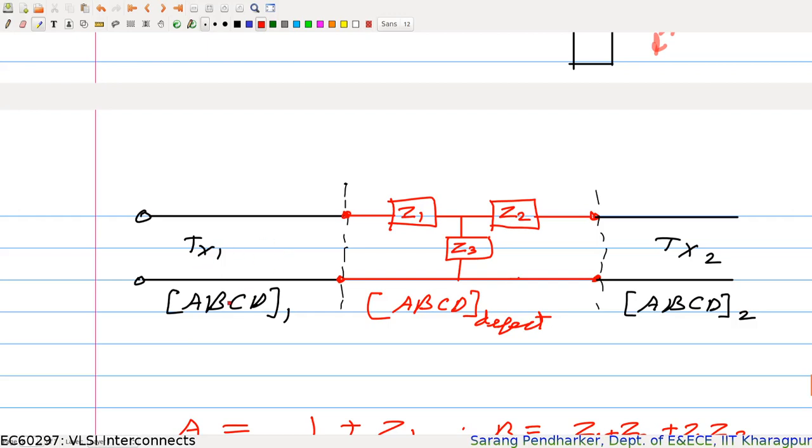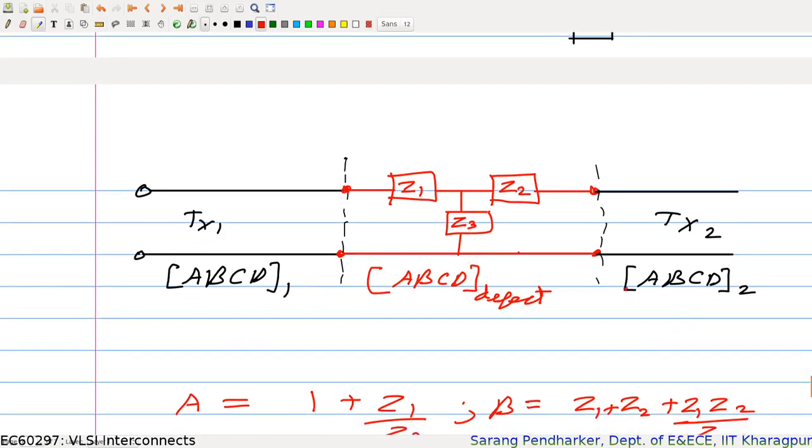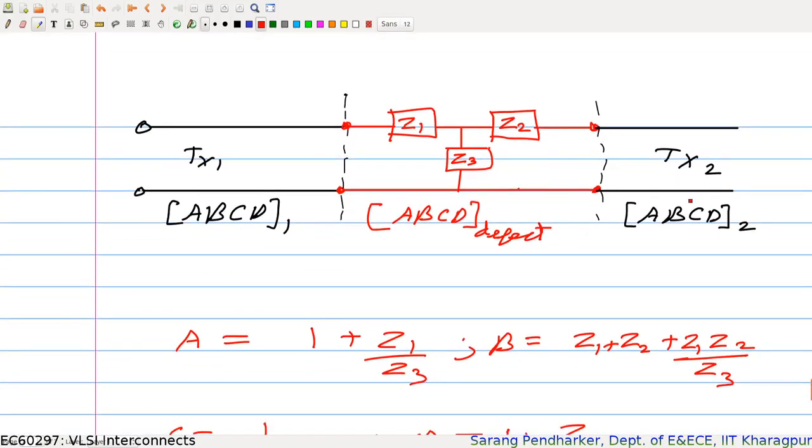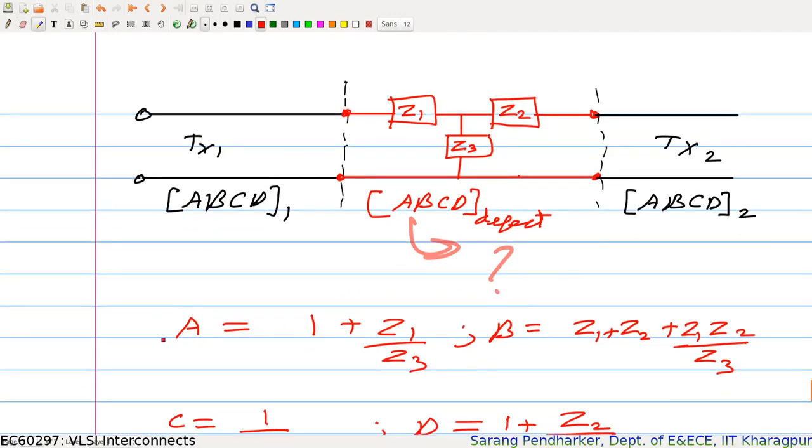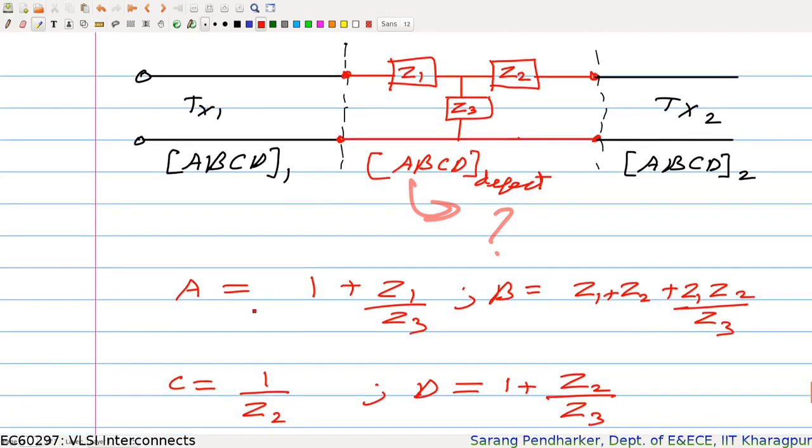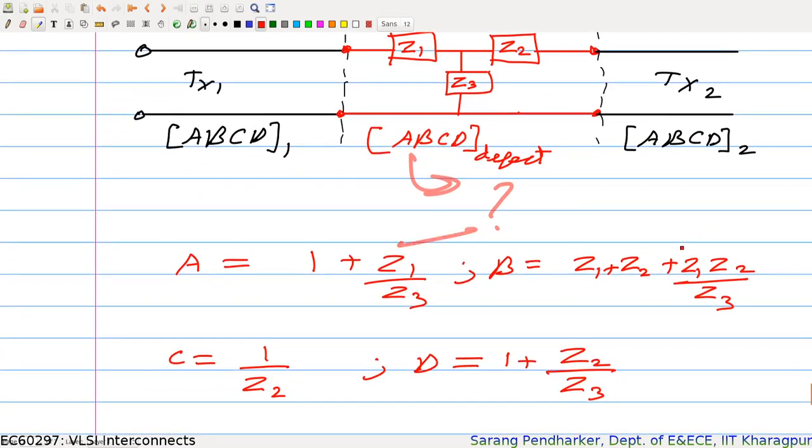So we know the ABCD parameters here, and I know the ABCD parameters here. This is what is unknown to me, right? However, if I know these ABCD parameters of the defect, I can get my Z1, Z2 and Z3.